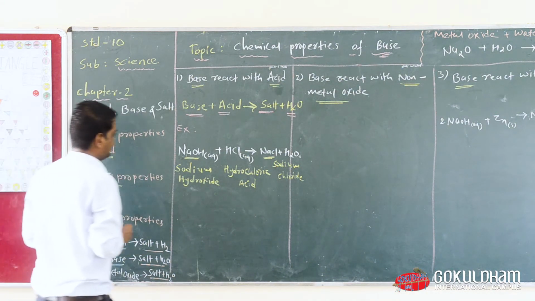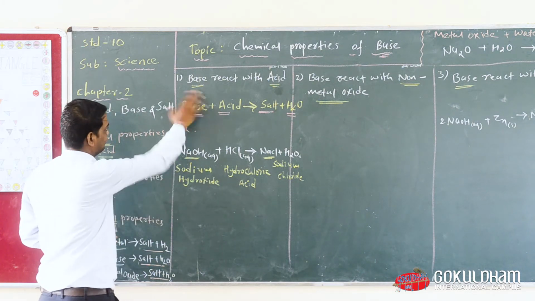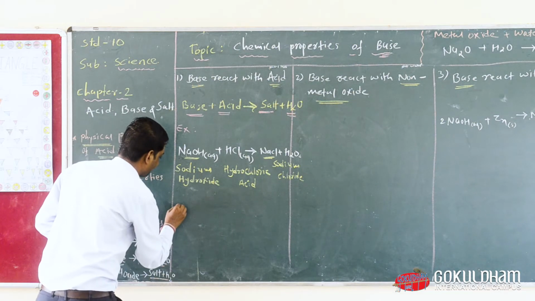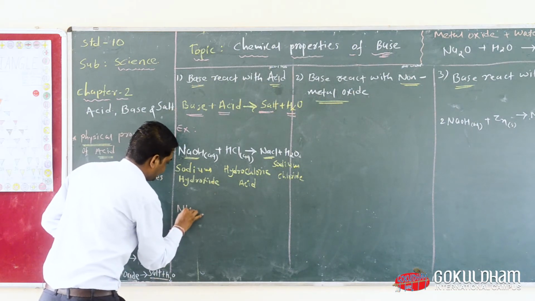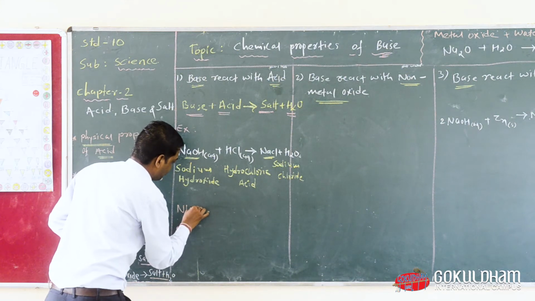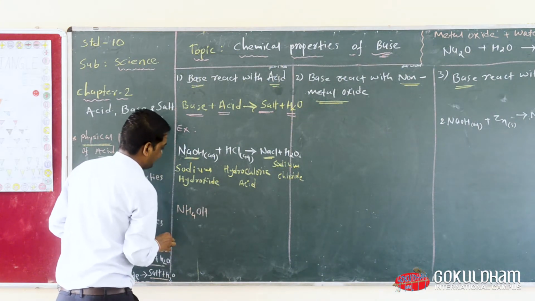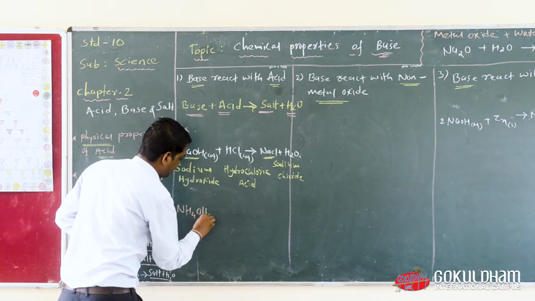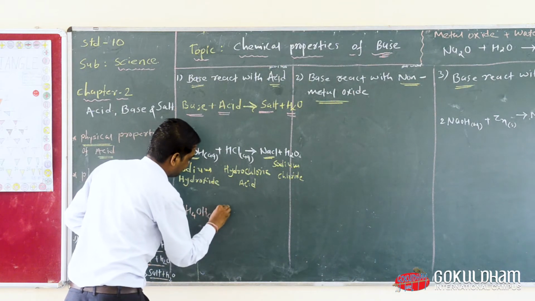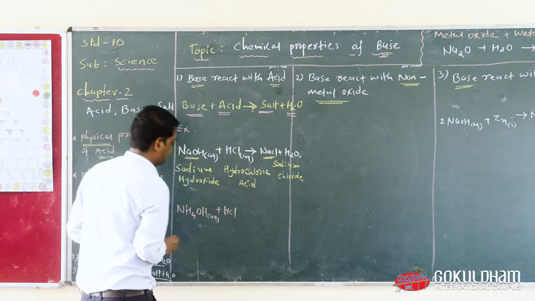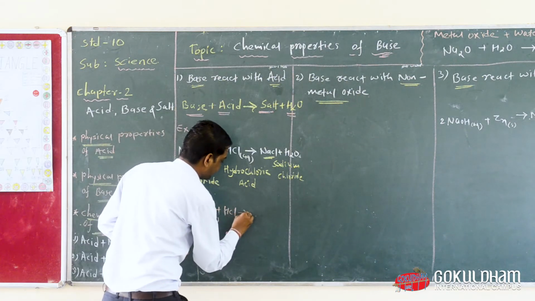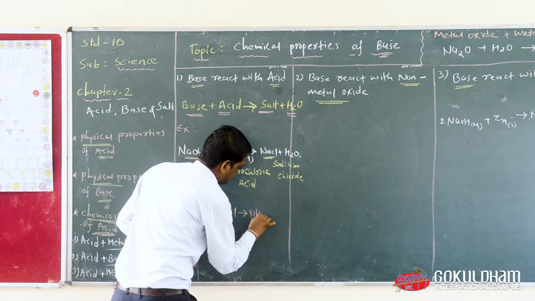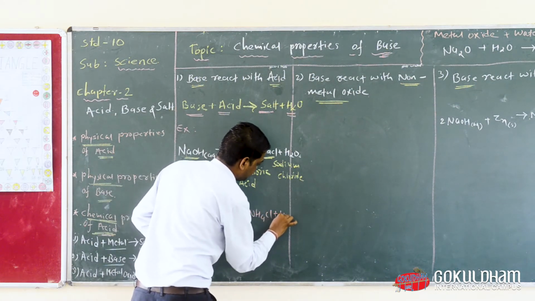Now the second example of this property. When an aqueous solution of NH4OH reacts with hydrochloric acid once more, we get products like NH4Cl plus H2O.